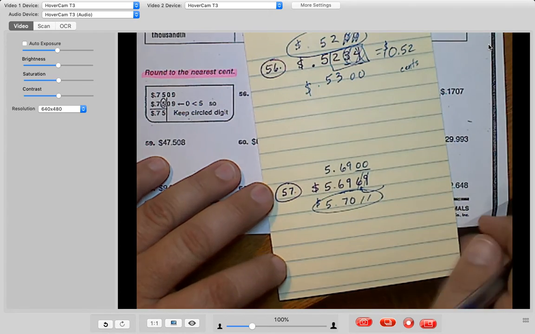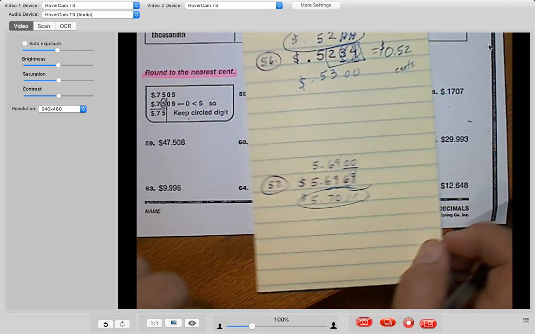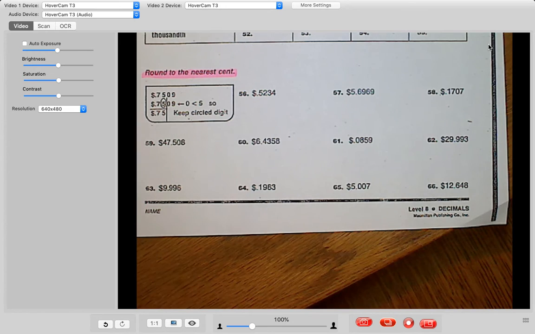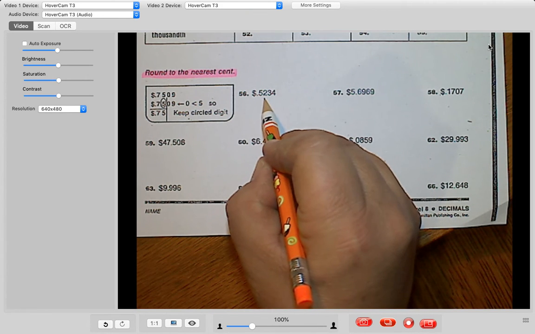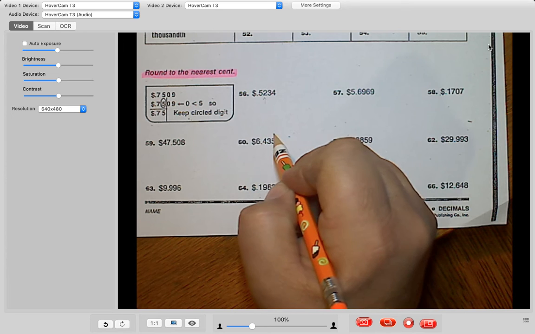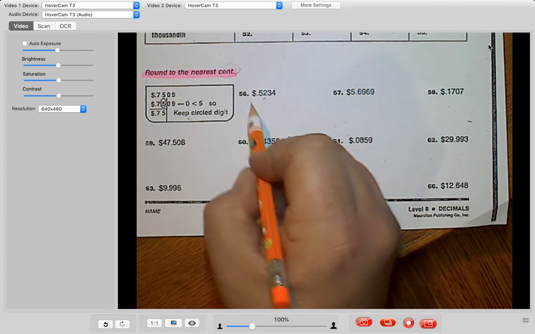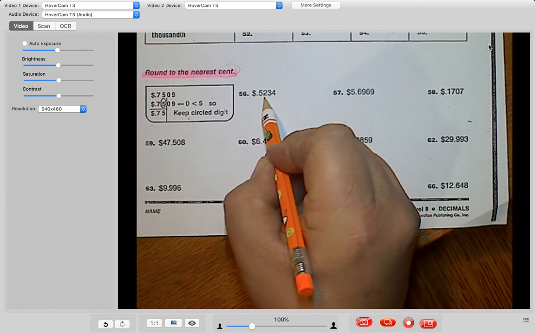Okay, in case that only halfway made sense, we're going to come back over here and use a pencil. I'm going to use a pencil that actually works. We've got this number right here. We're rounding to the nearest hundredth, the nearest cent. That 3 tells the 2 to stay put.